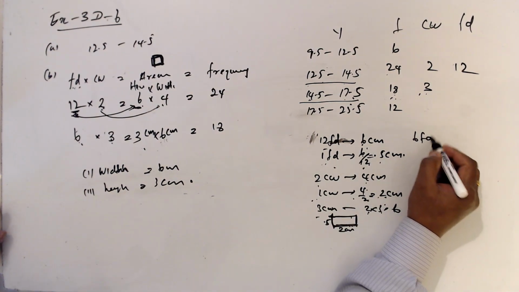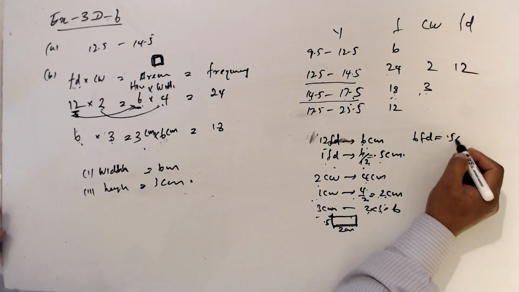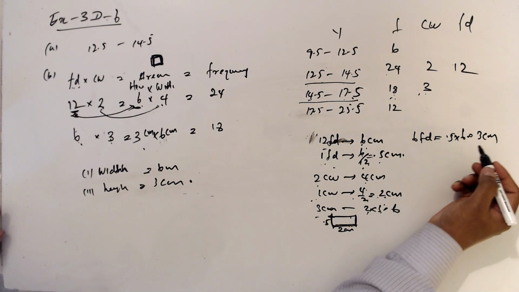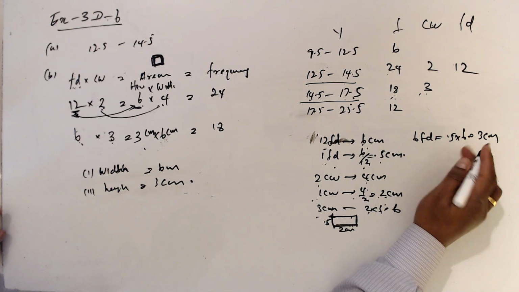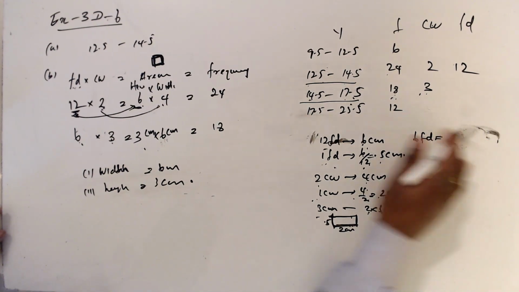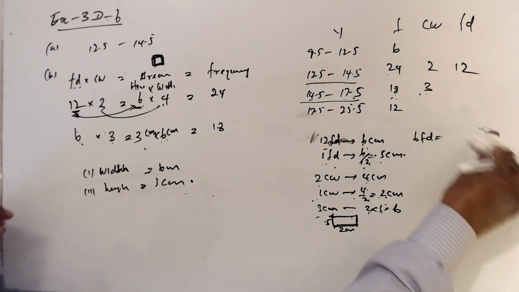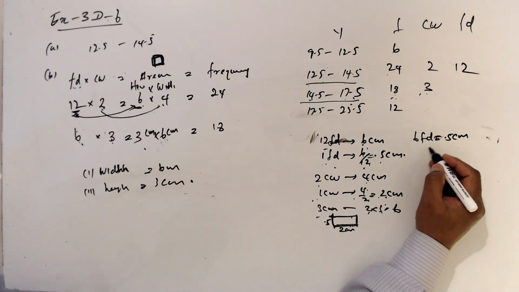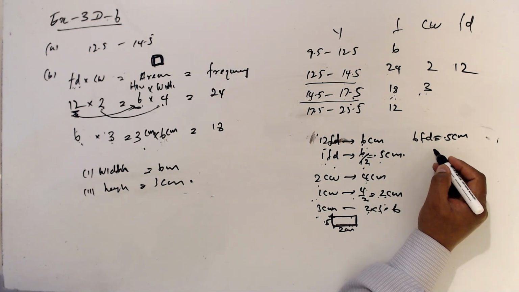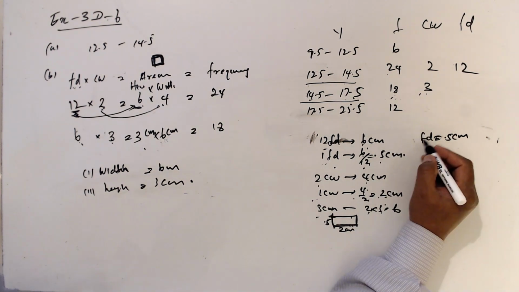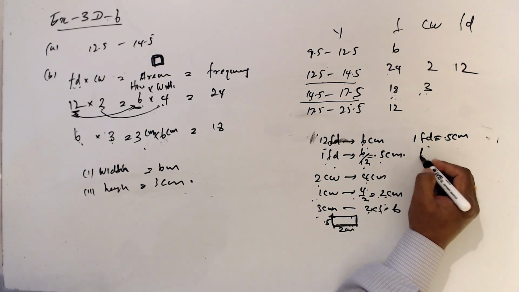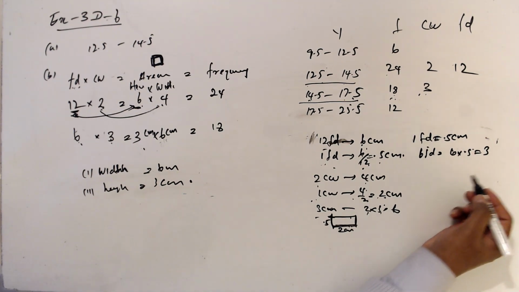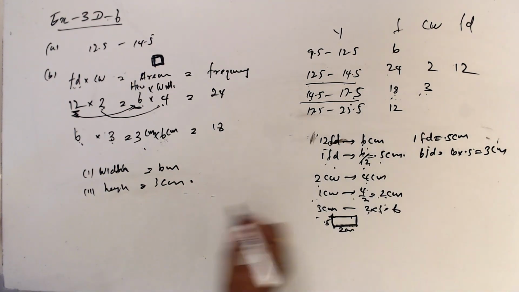Then 6 FD is 0.5 times 6, which is 3 centimeters.